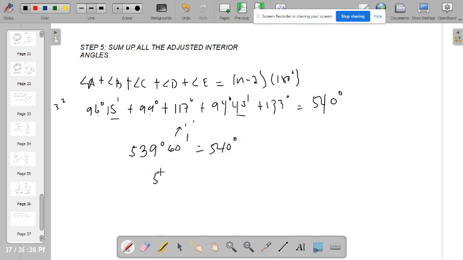So therefore, this is 540 degrees equal to 540 degrees. So therefore, we are correct.